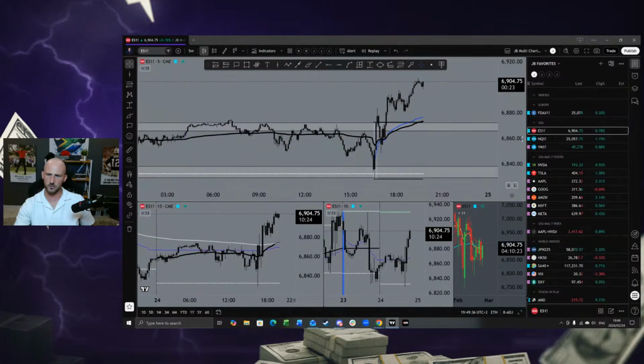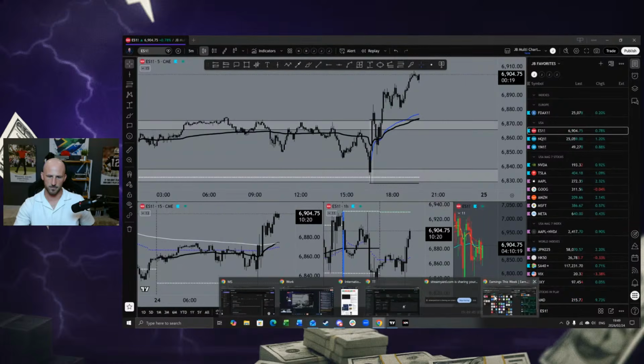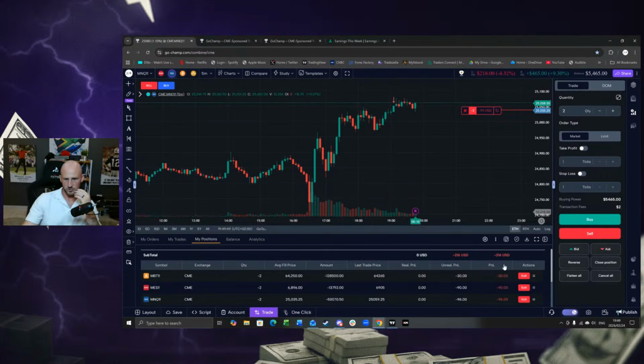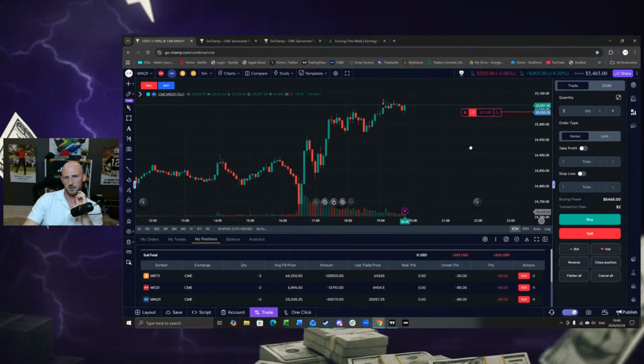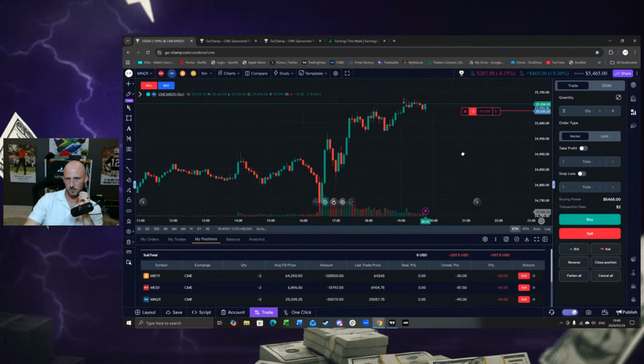Geez, a little bit of a reversal here on ES. Still only down $200 on the competition account, so we'll see what we can cook up.